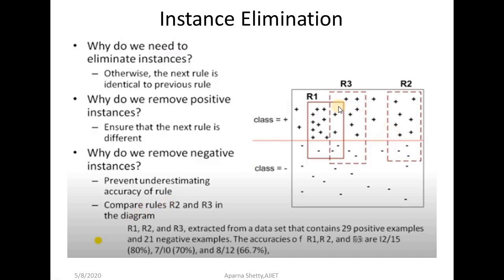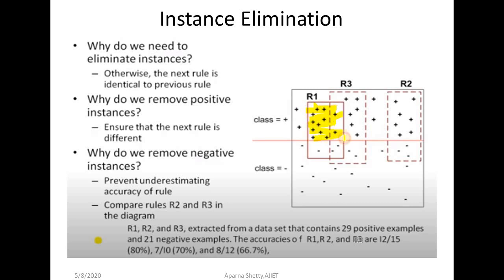There are three rules over here, R1, R2 and R3, from a data set that contains 29 positive examples and 21 negative examples. Accuracy of R1, R2 and R3 are 80%, 70% and 66%. Now suppose that the first rule R1 triggers these records.